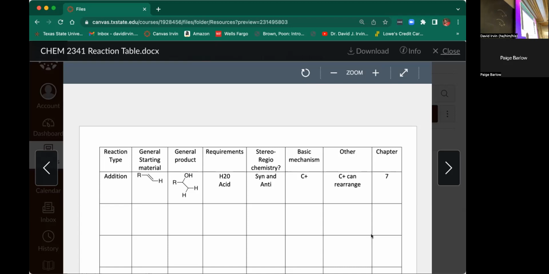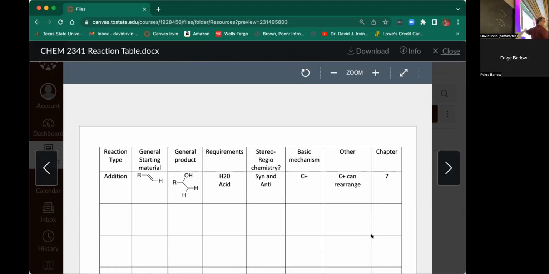Basic mechanism: substitution with carbocation, substitution without carbocation. Whatever it takes to get that kind of in your head. Other: carbocation can rearrange. And then the chapter it's going to go in. So we're going to do elimination reactions here, substitution reactions here.